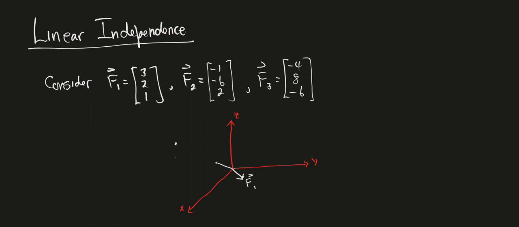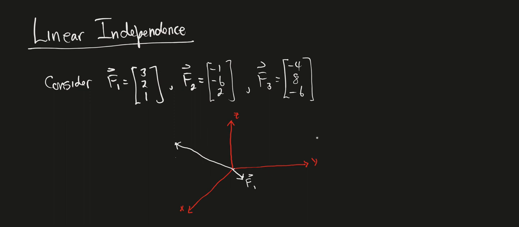So I'm drawing all these vectors with an initial point at the origin, and I'm just estimating where their final point would be based on the components in the vector, right? And then finally, let's sketch F3. So F3, now 4 units in the negative x direction. So say 1, 2, 3, 4. 8 units in the positive y direction. So 1, 2, 3, 4, 5, 6, 7, 8.